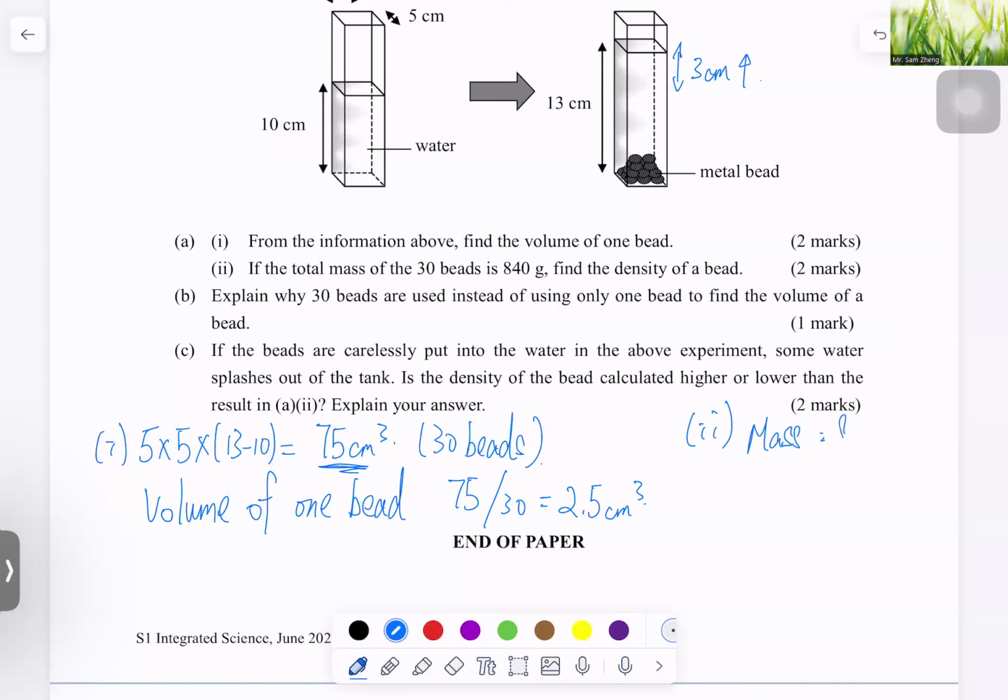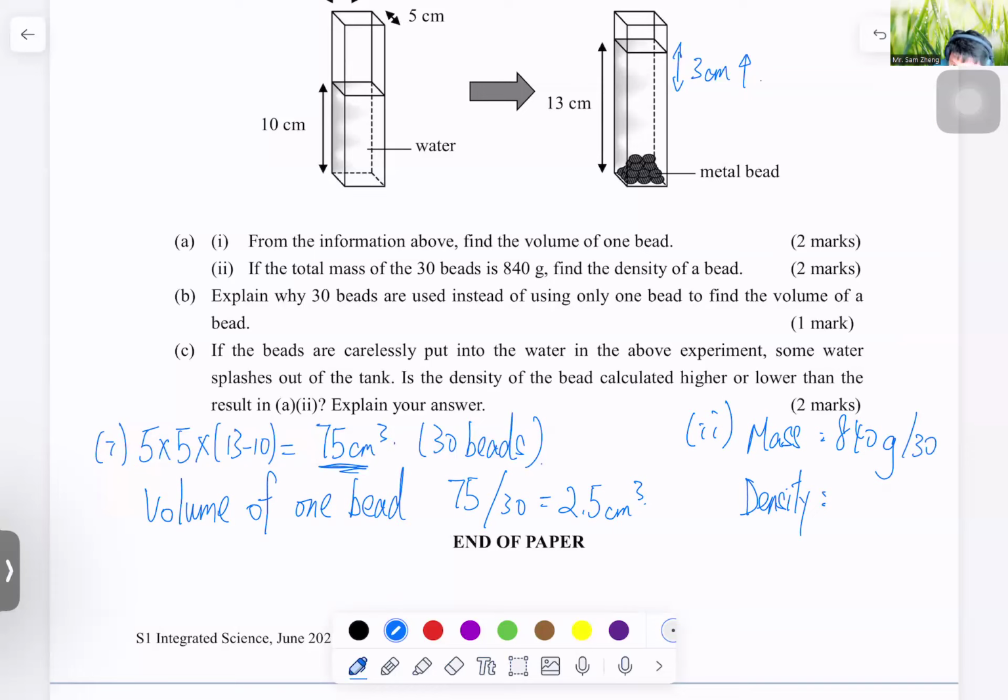Now, if we notice that the total mass would be 840 gram for these 30 beads, then the density would be, in fact, how many? It would be very easy, we just divide it. We use 840 gram divided by 30, then we can know each mass of the bead.